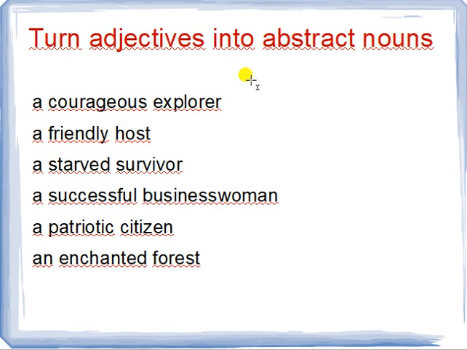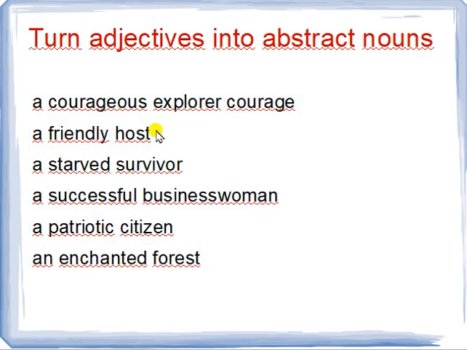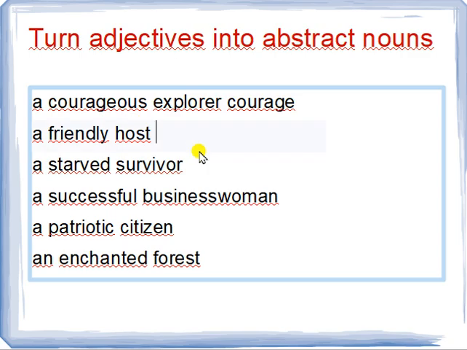Turn adjectives into abstract nouns. What is the name of the quality that the explorer has? Courage. What is the quality that the host has? Friendship or friendliness. What is this poor survivor experiencing? Starvation.